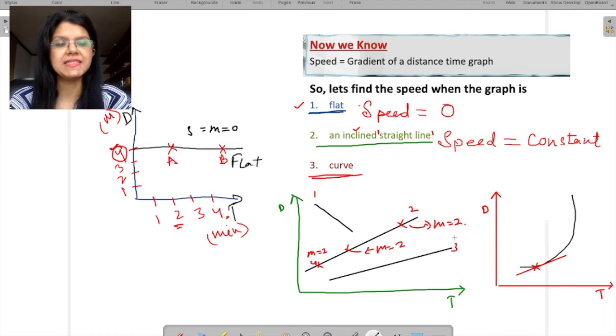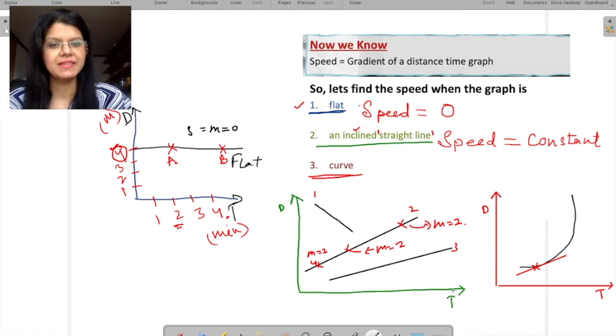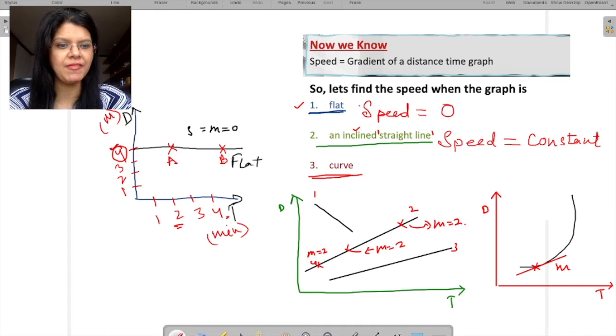Now, tangent is a line which touches a curve at one single point. You have to draw the tangent. The gradient of this tangent, let us call that the gradient is m1. The gradient of this tangent is the same as the gradient of this curve at this particular point, which we have marked with a cross mark.